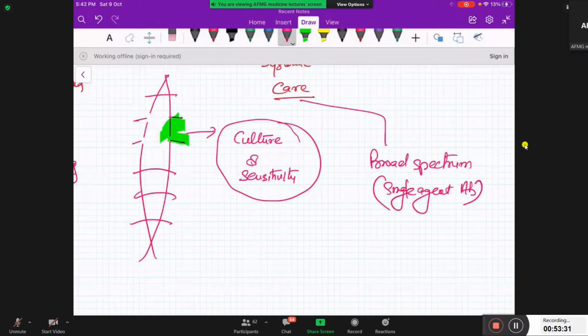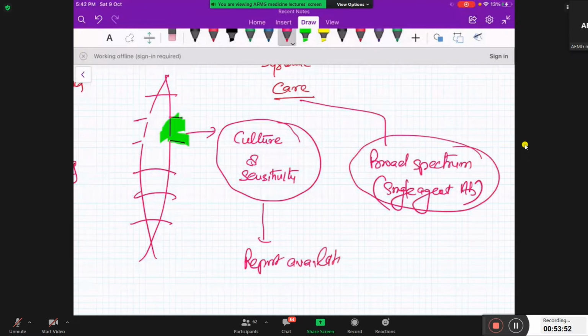Okay, right? So you will start taking care of the wound locally by doing a dressing, and systemic care is going to be by a systemic antibiotic, which is broad spectrum single agent, not multiple agents, mind. Till the time the culture report is available.